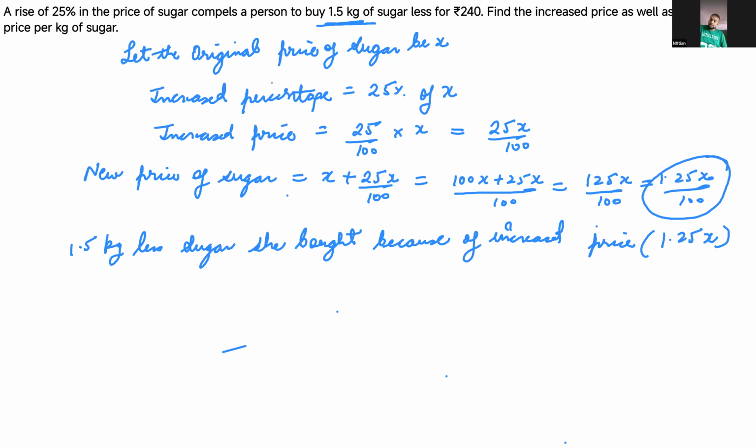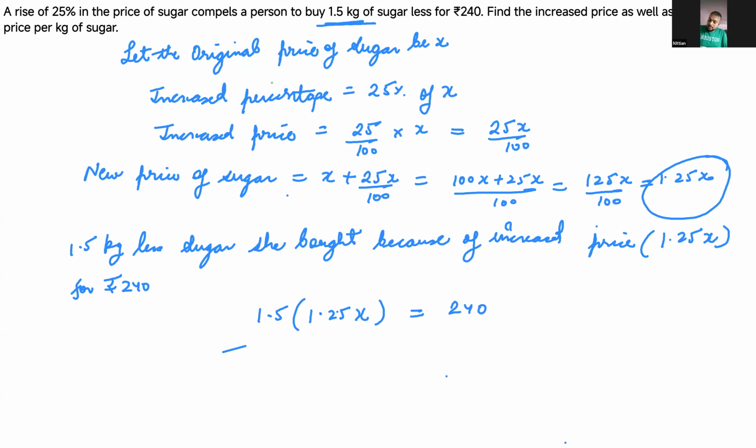Now this is the increased price, no? So because of the increased price, which is 1.25 times the original price, she bought 1.5 kg less. Yes or no? For rupees 240. So 1.5 into 1.25x is equal to 240.